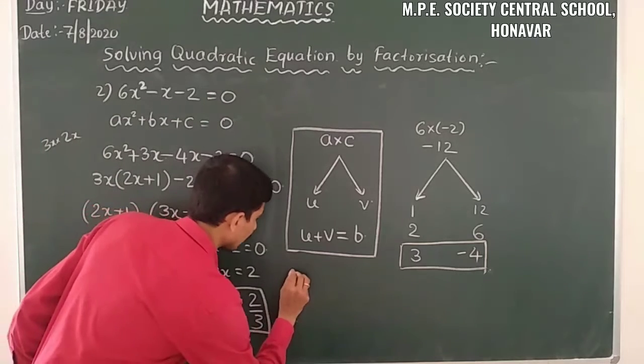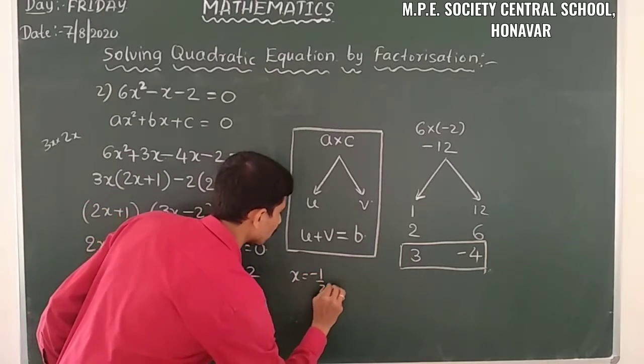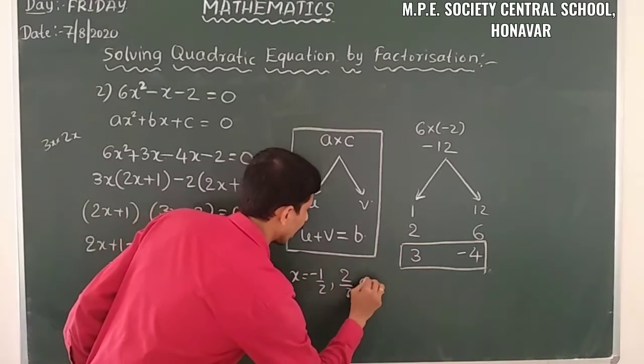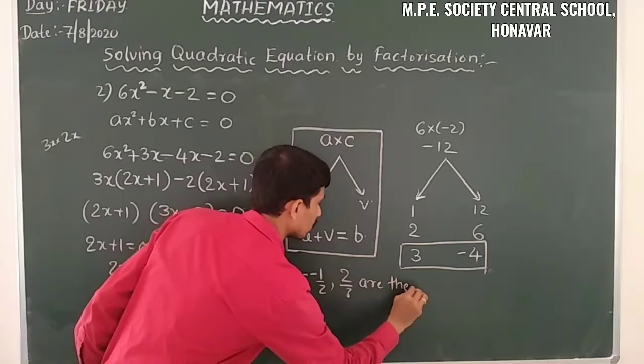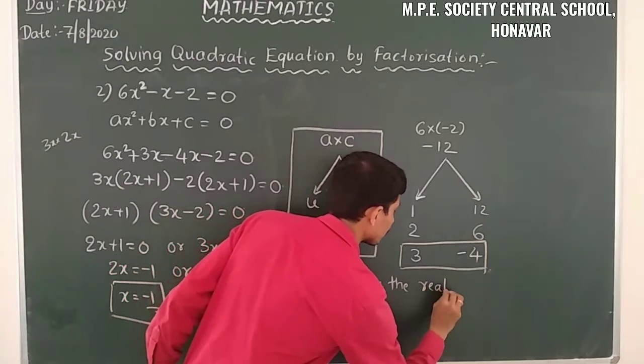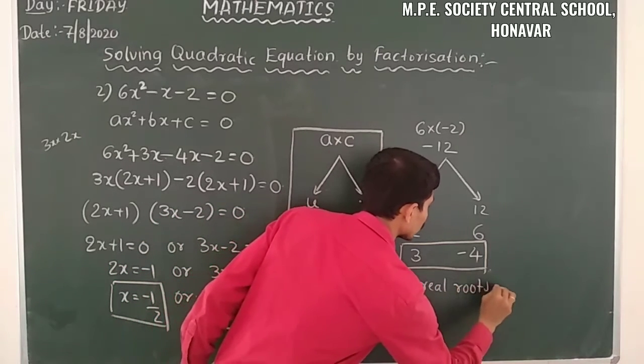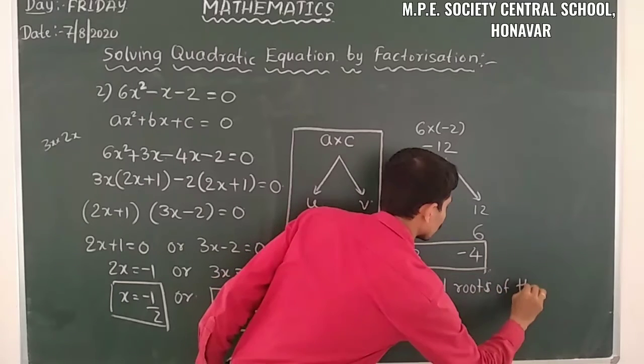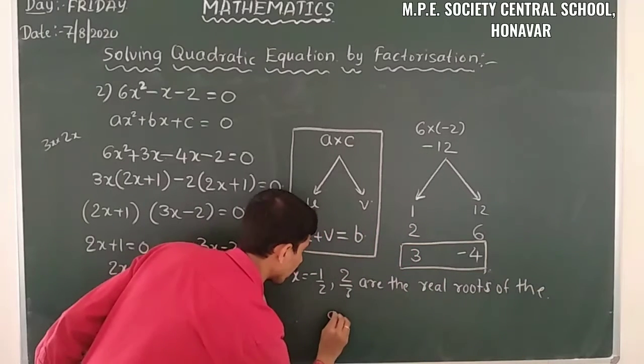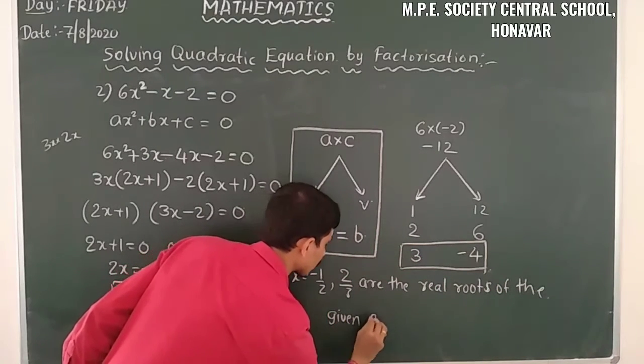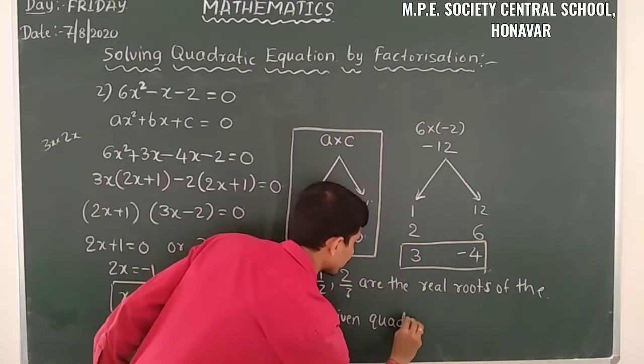That means x is equal to minus 1 by 2 and 2 by 3 are the real roots of the given quadratic equation.